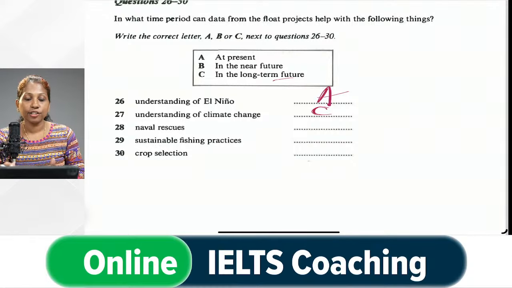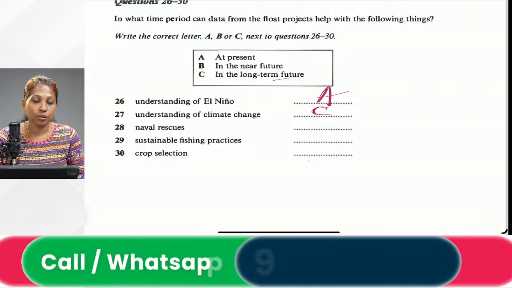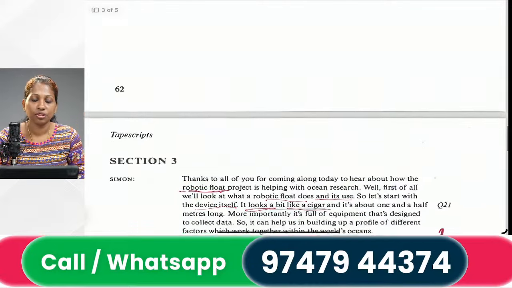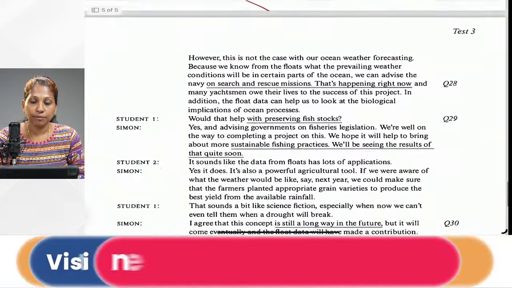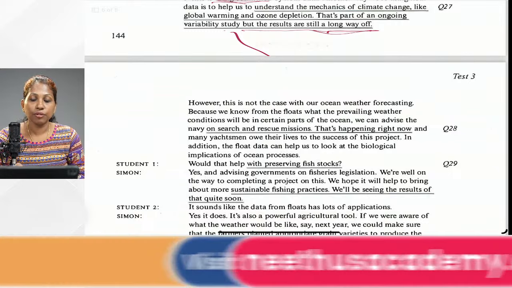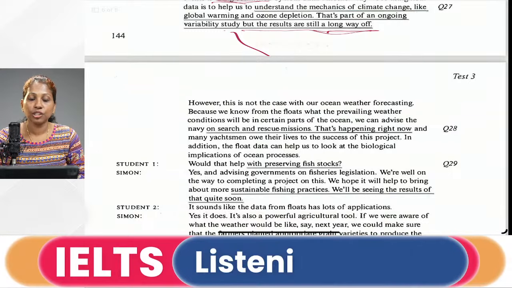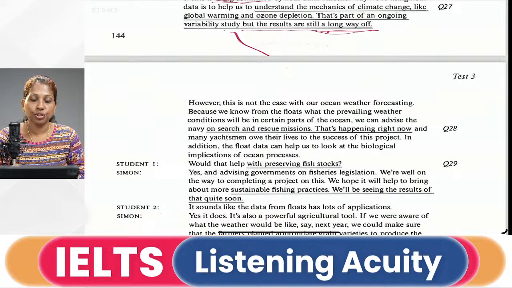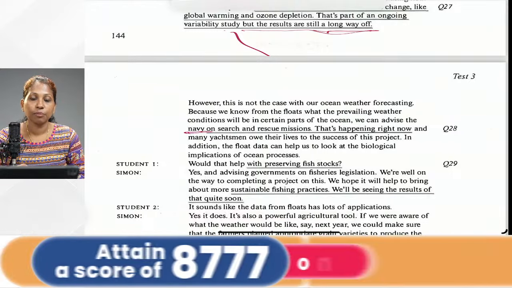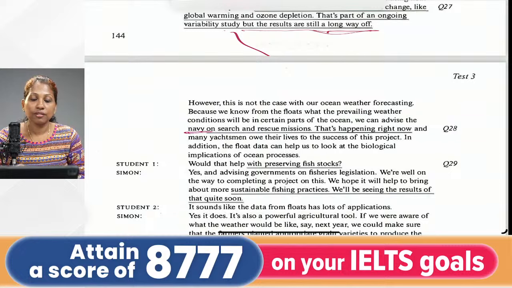Okay. Next one is naval rescues. What about the rescue operations which are done for the naval, the ships and all? Let's come to that part. However, this is not the case with our ocean weather forecasting, because we know from the floats what the prevailing weather conditions will be in certain parts of the ocean. We can advise the Navy on search and rescue missions.